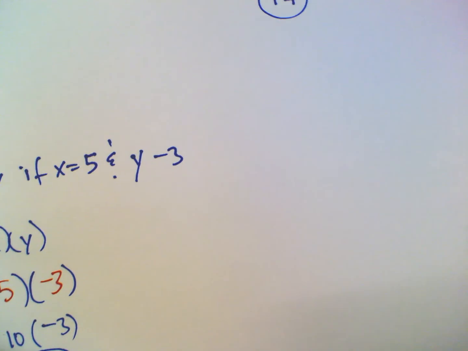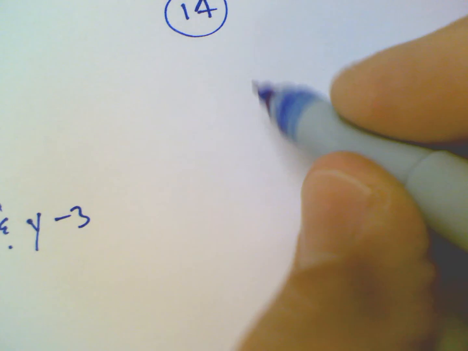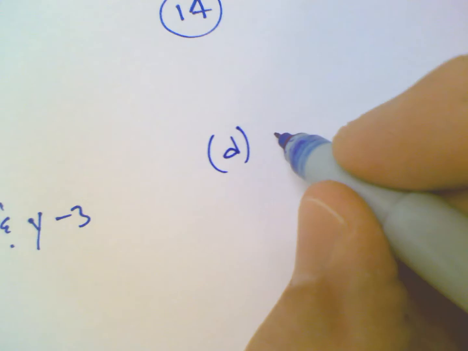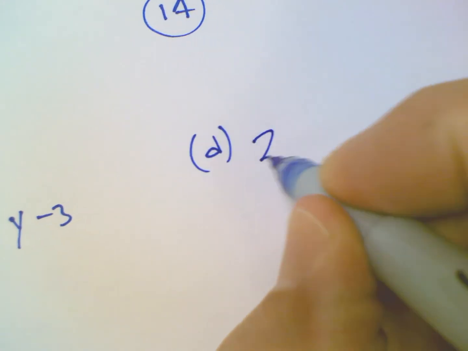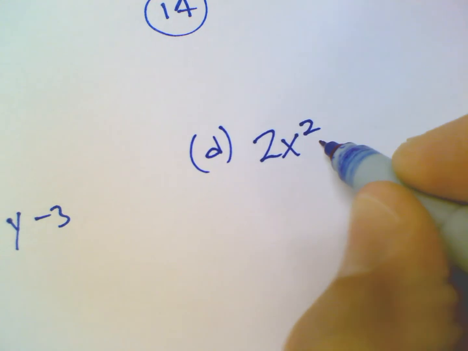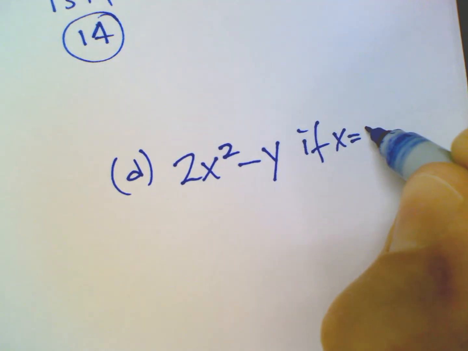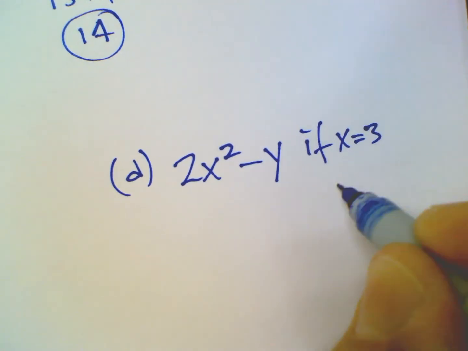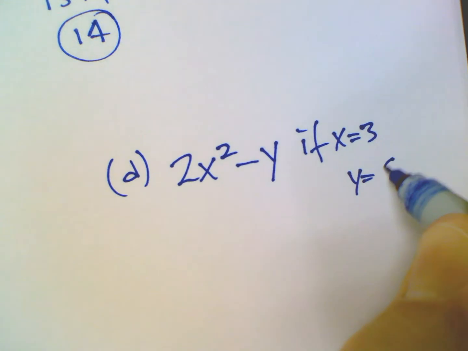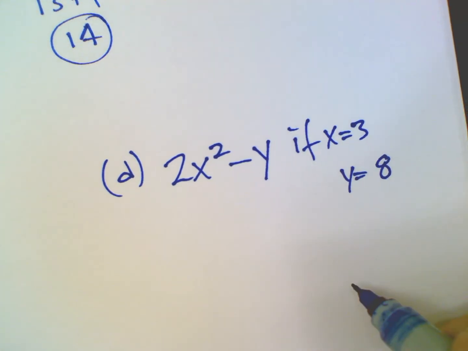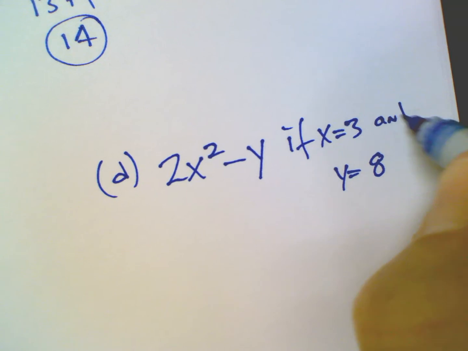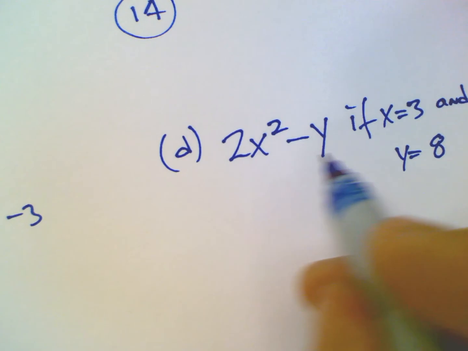Okay. And then last but not least, D. D says 2x squared minus y. And in this case, x is equal to 3 and y is equal to 8. Those are the values they want us to use. So what am I looking at here?